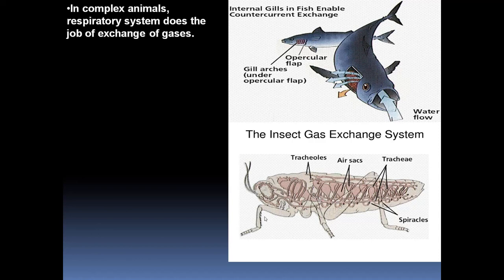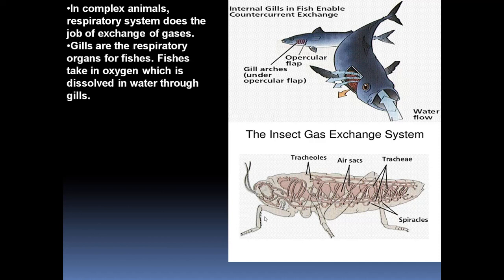So, in complex animals, the respiratory system does the job of exchange of gases. Here in the first image, gills are the respiratory organ for fishes. Fishes take in dissolved oxygen through these gills.